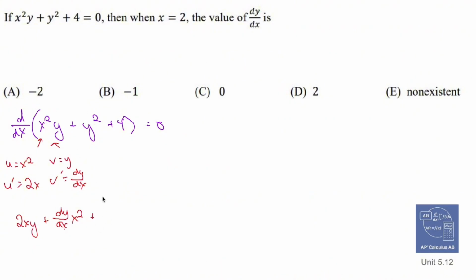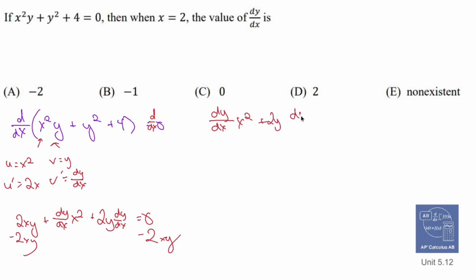I still have to add the fact that the derivative of y squared with respect to x is 2y dy dx. The derivative of 4 is nothing, and the derivative of 0, which I forgot to write out, is also nothing. So let's subtract 2xy, and that gets me dy dx x squared plus 2y dy dx equals negative 2xy.